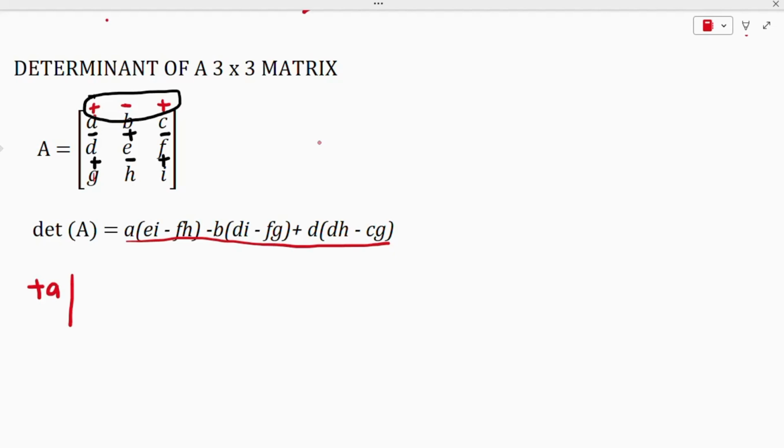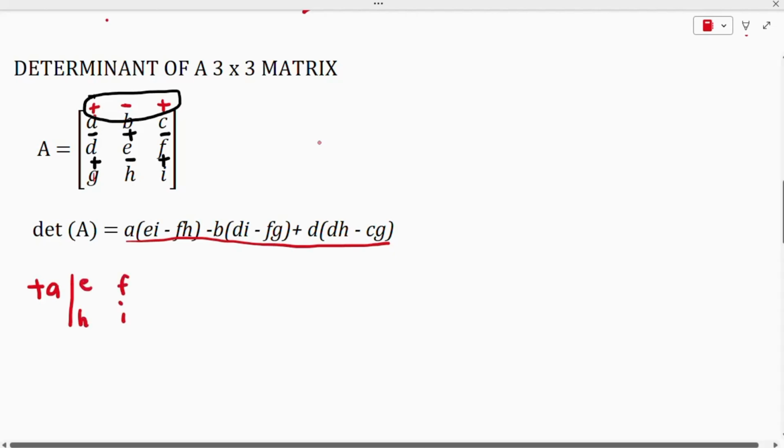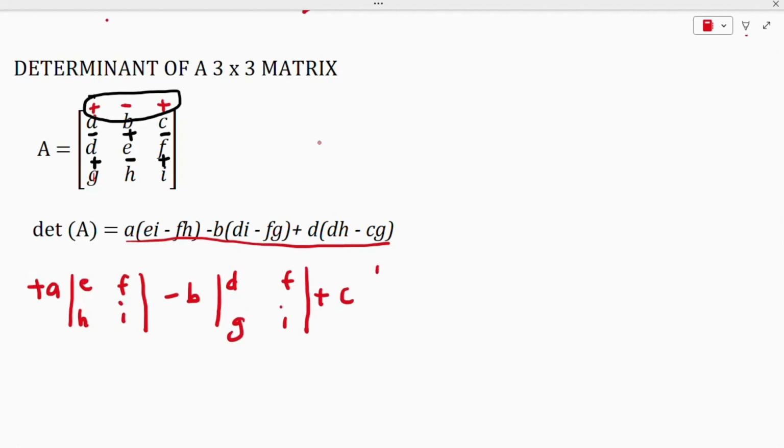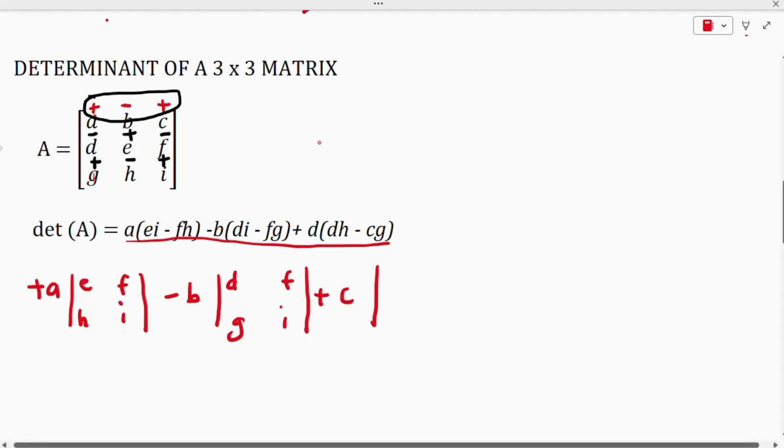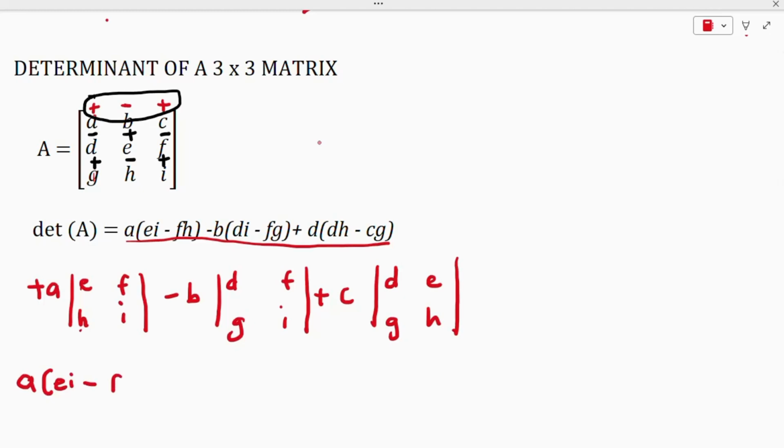So if the first row and the first column are out, we have E, F, H, I. Then we go to the second element, which is negative B. The column of B is out and the row of B is out, so we are left with D, F, G, I, plus C times the matrix for C. The row and the column that belong to C are out, so we have D, E, G, H left. So from here we want to apply the 2 by 2 rule, so we have A times E multiplied by I minus F multiplied by H, which is FH.